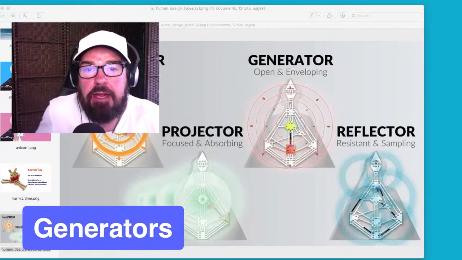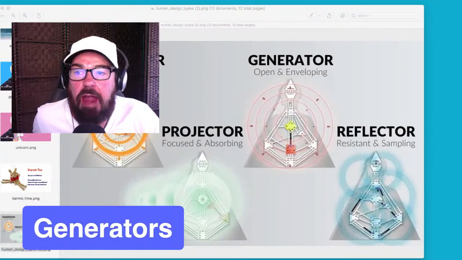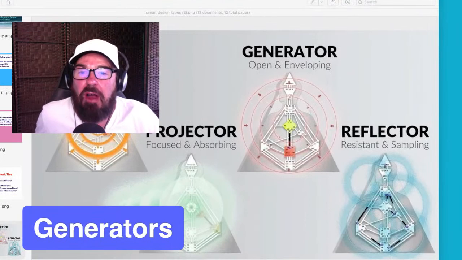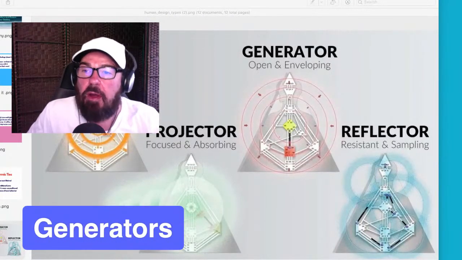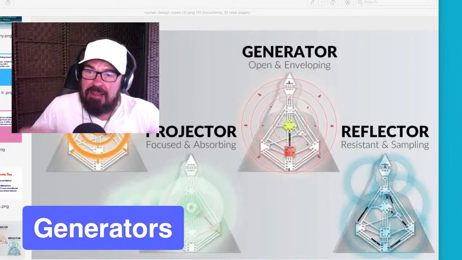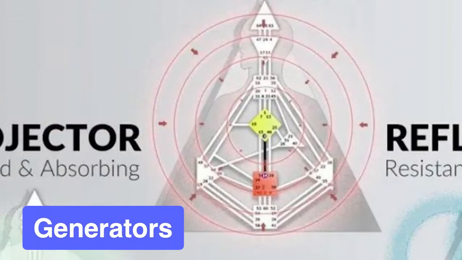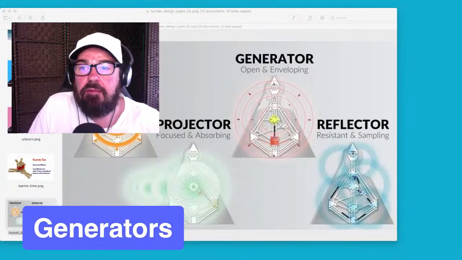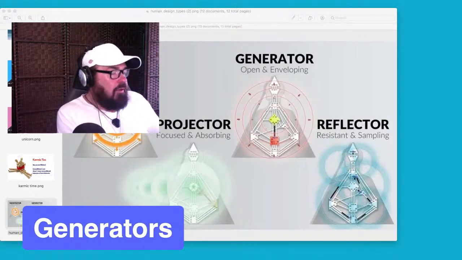So if you're a generator, you've got an open and enveloping aura, and your strategy is to respond. So you let life bring you things and then you respond. You attract things into you and then you respond with a yes or a no from your sacral. And that will be correct for you.